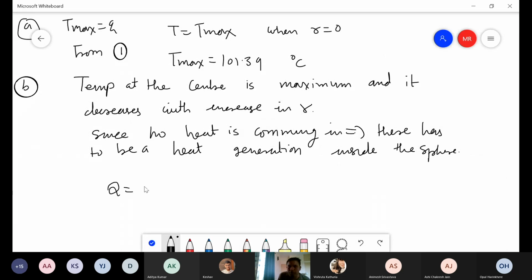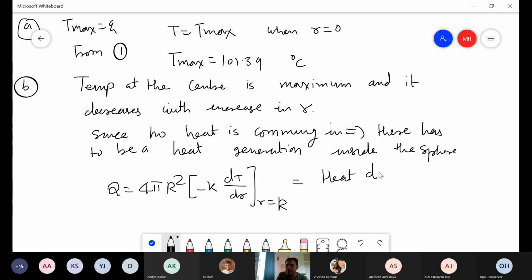That can be directly obtained as 4 pi R square, with a capital R for the outer surface, times minus k dT by dr at r equals R. So this is going to give me the total amount of heat dissipated from the surface, isn't it?